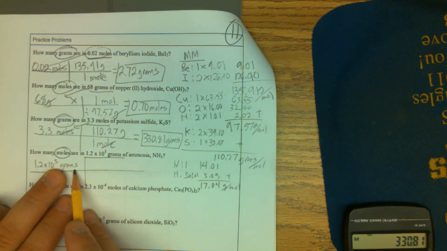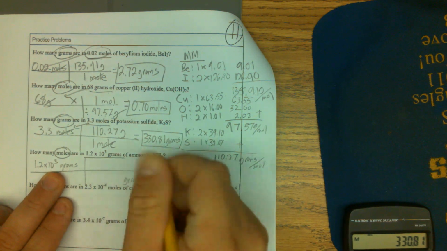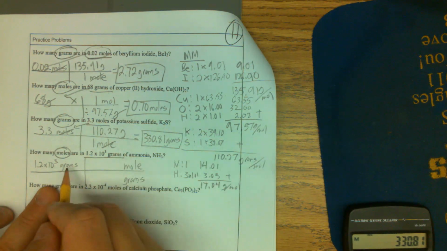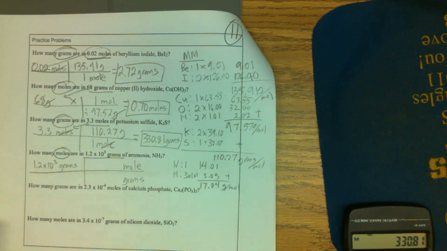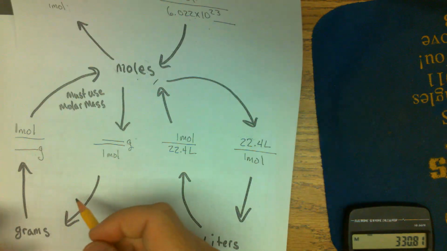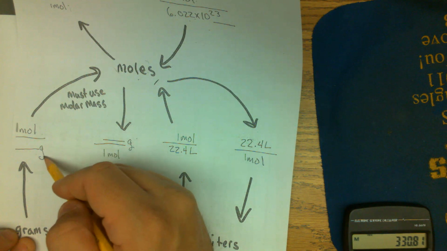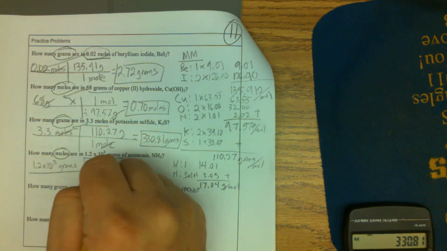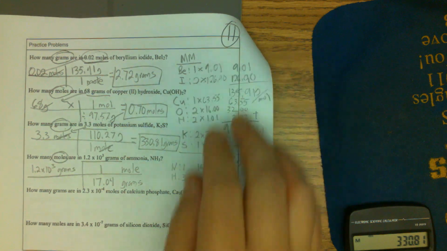So again, look at this. We have grams here. We want grams on the bottom. So they cancel. We have mole on the top. Another way to look at this, if we're going from grams to moles, follow your arrow. 1 mole on top, grams on the bottom. And then we have the 17.04 grams. All right.